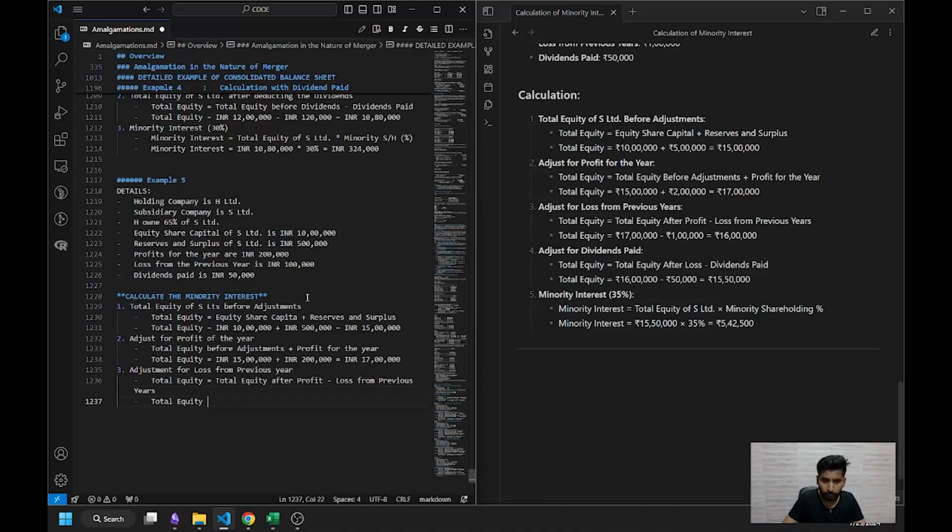That is, the total equity is equal to INR 17 lakhs minus INR 1 lakh, which is equal to INR 16 lakhs.